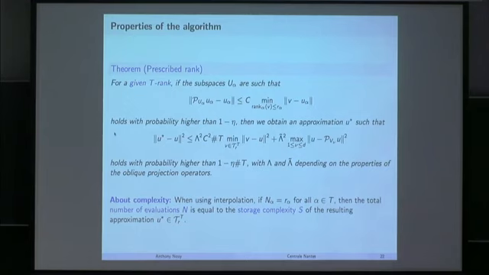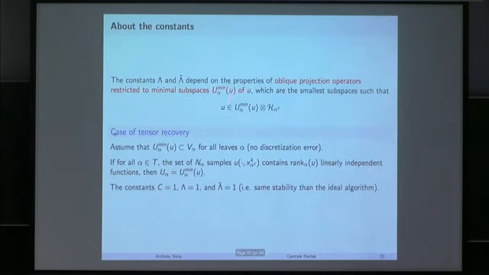But if you look precisely at the expression of these constants, you can find the paper, I will give the reference later, they are not precisely the usual Lebesgue constants. They are norms of operators restricted to specific subspaces associated with the function you are trying to approximate. These subspaces are the so-called minimal subspaces.